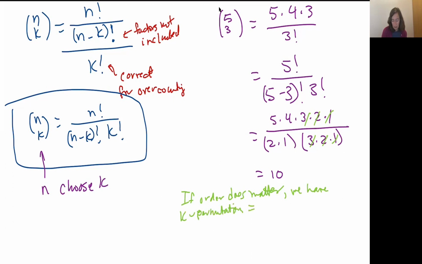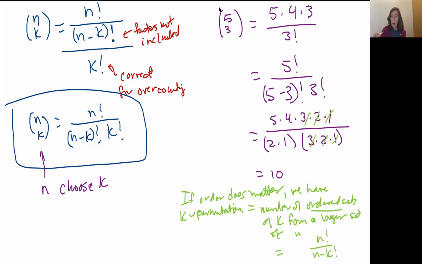That's the number of ordered sets of k from a larger set of n. And that is just n factorial divided by n minus k factorial.